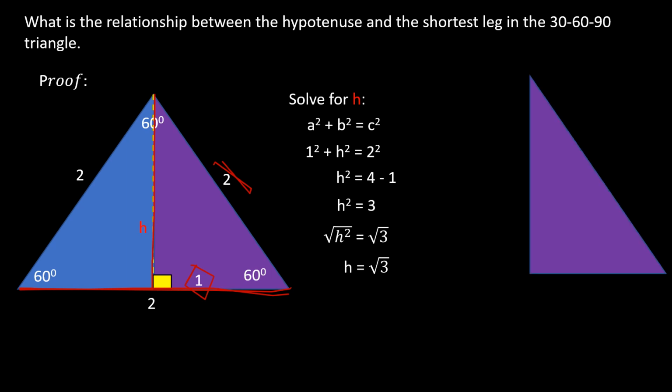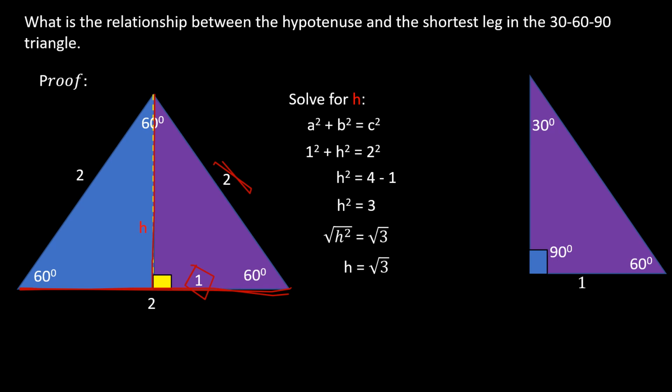Going back to the right triangle, we have 30 degrees if 60 degrees is divided into halves, and the other angle 60 degrees, and the right angle is 90 degrees. Notice the relationship between the sides of this right triangle.